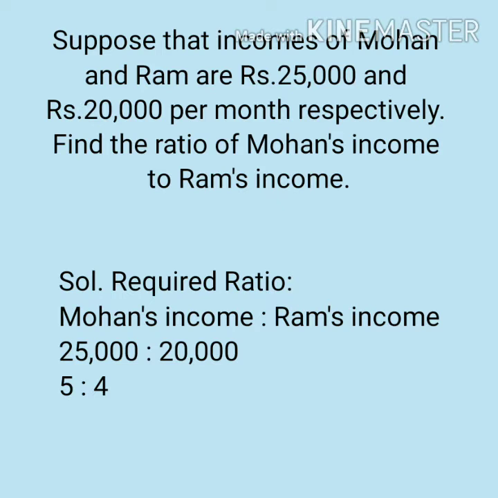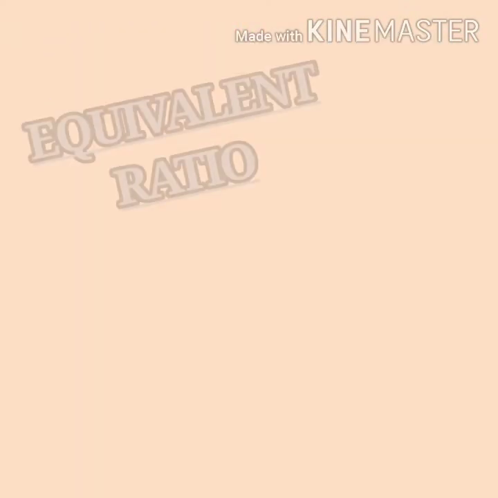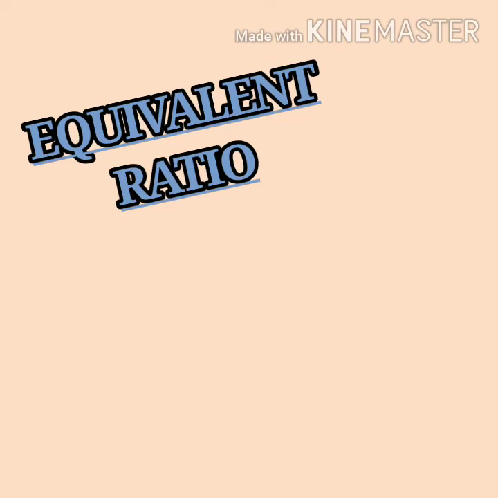So, we will express 25,000 as well as 20,000 in the lowest form, which comes out to be equals to 5 ratio 4, where this 5 is known as the first term or antecedent and 4 is called the second term or consequent. Our next topic is equivalent ratio.